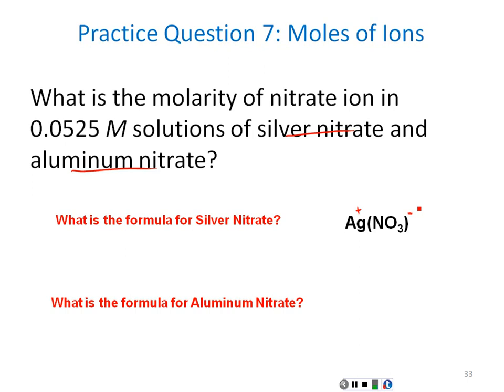Aluminum nitrate is going to be Al(NO3)3. It's because aluminum has a +3 charge. Looking at where it is in the periodic table, it's going to lose 3 electrons to get to a noble gas configuration. And nitrate ion, remember, has a -1 charge, so you need 3 of those to equal the charge of aluminum.